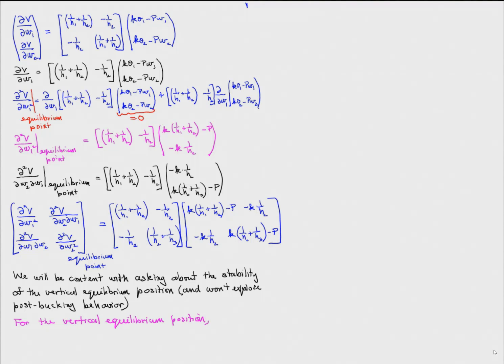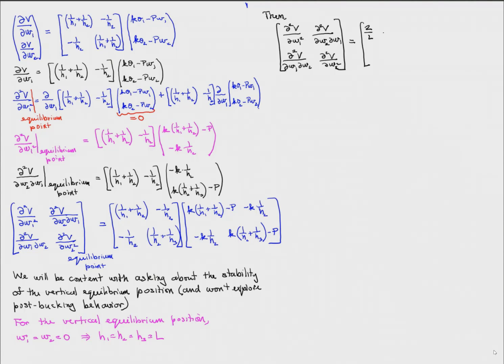So for the vertical equilibrium position, W1 equals W2 equals 0, and H1 equals H2 equals H3 equals L. If we plug all this into the second derivative matrix, we get something that is even simpler. Because 1 over H1 plus 1 over H2, for example, becomes just 1 over L plus 1 over L, that's 2 over L. That's how this simplifies.